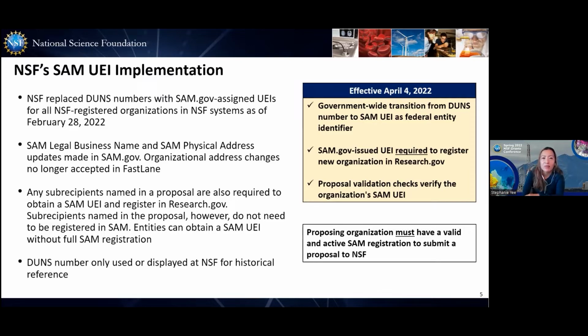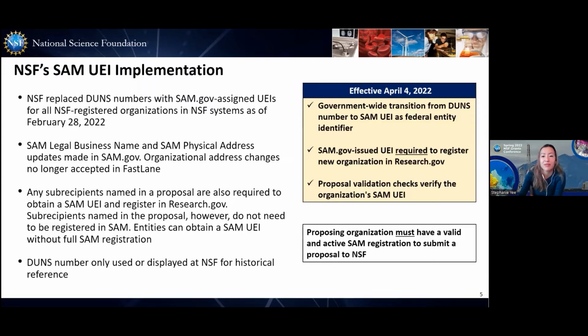Also, any sub-recipients or sub-awards named in a proposal are also required to obtain a SAM UEI number, and they still must register in Research.gov. However, they do not need to be registered in SAM. DUNS numbers will only be displayed for historical purposes, but for proposals going forward, we will be fully on the UEI number.